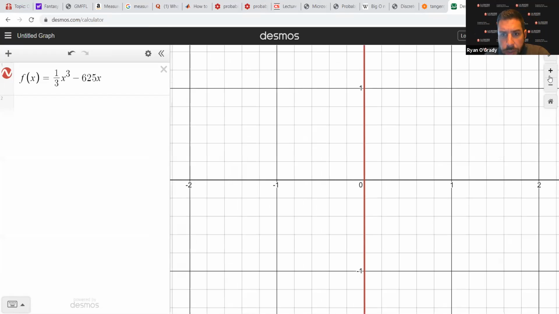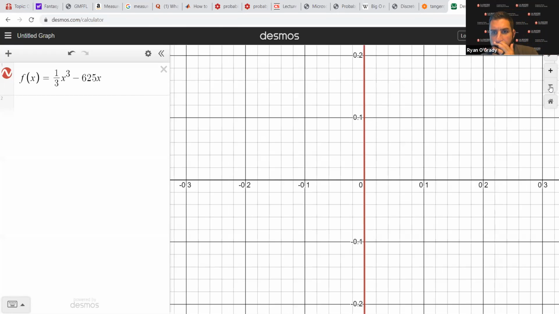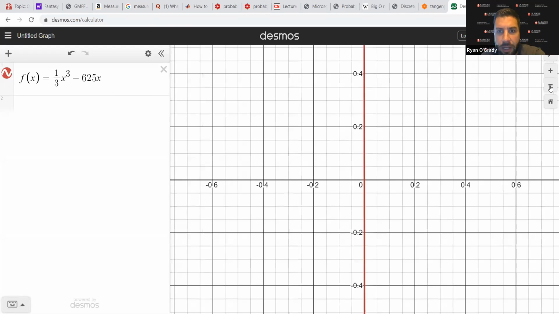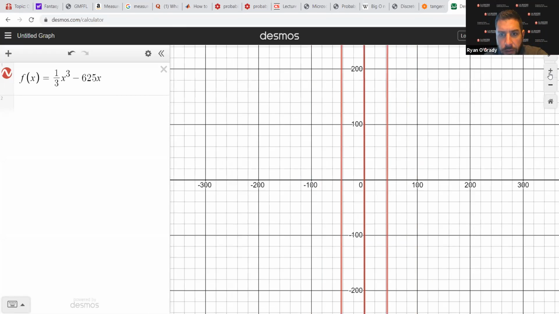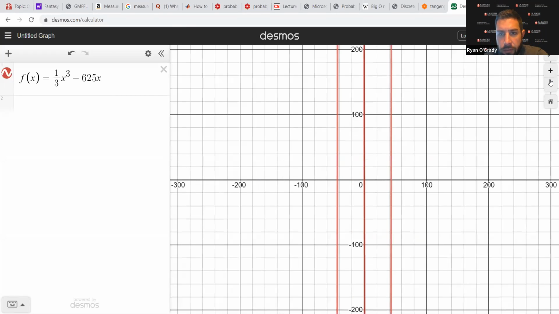When I zoom in or zoom out on it, it looks to be a straight line. Then we zoom out and now it doesn't look like a straight line. It looks like we have 3 straight lines.